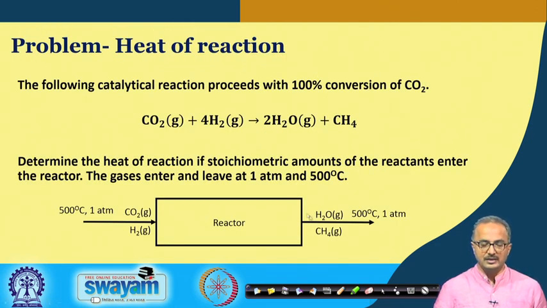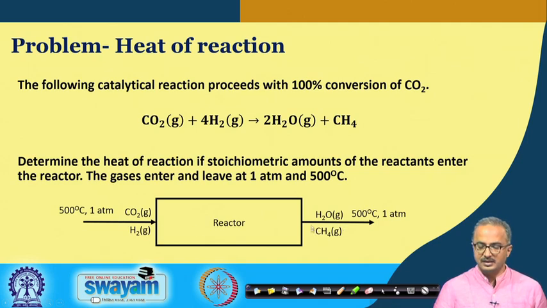Next problem is another one for heat of reaction for another kind of reaction, that is carbon dioxide reacting with hydrogen to give H2O and methane. So, here we have the system, and here we are told that gas enters at 1 atmosphere pressure and 500 degrees centigrade temperature.